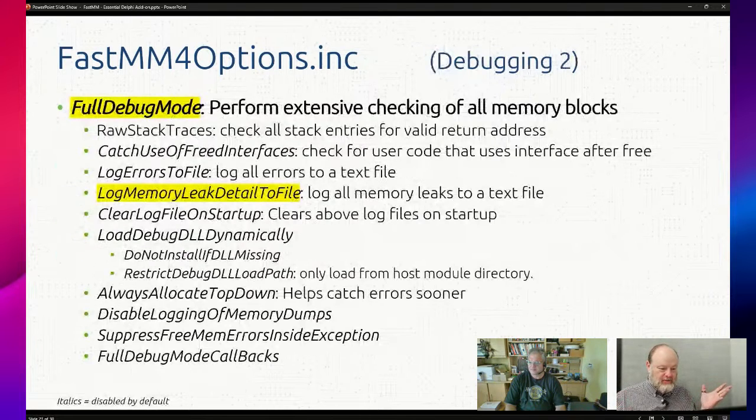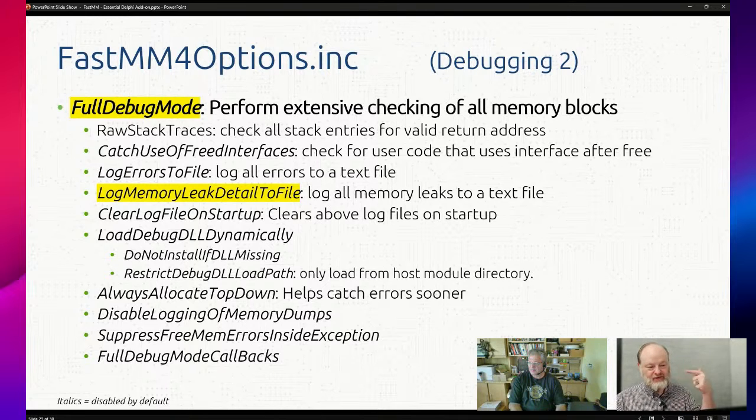So full debug mode adds a lot more checks and also does some things to make it more likely that if you're having memory issues, they'll become obvious in testing instead of waiting till your poor users are using it. Again, it's better to get an error message than to have it in potentially an invalid state.